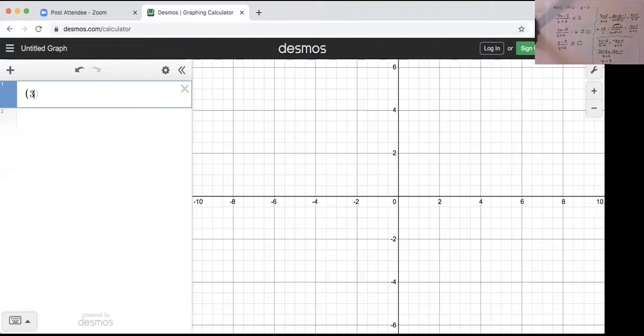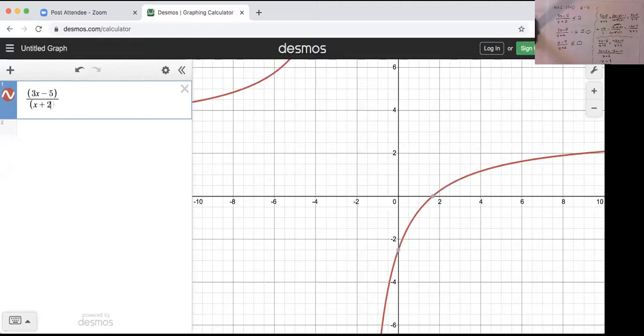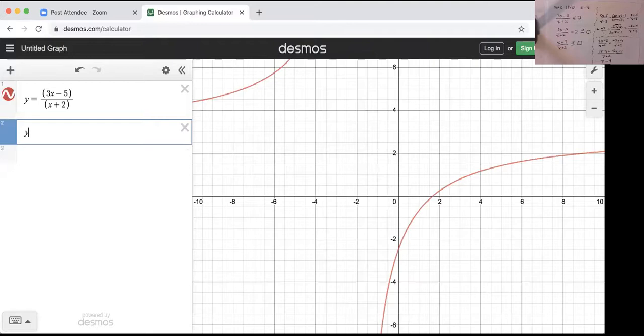So I want to try to answer that question. So again, 3x minus 5 divided by x plus 2. So that's that red function. Where is that less than or equal to 2? So y equals that would be good, probably, and then y equals 2 would be good here.